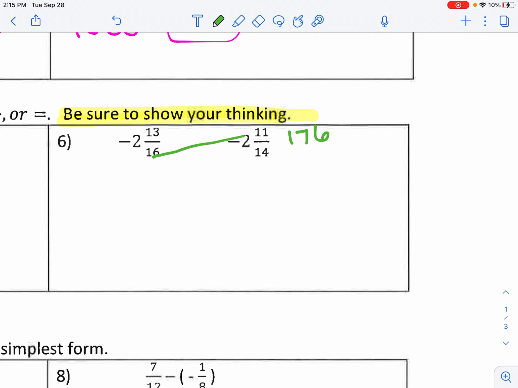And since these are negative fractions, that's going to be -176. Multiply cross products, 14 times 13 is -182. So now all you have to do is compare -182 to -176, and -182 is less than.